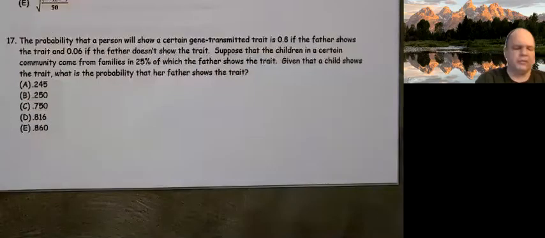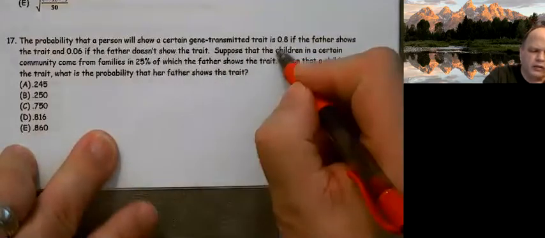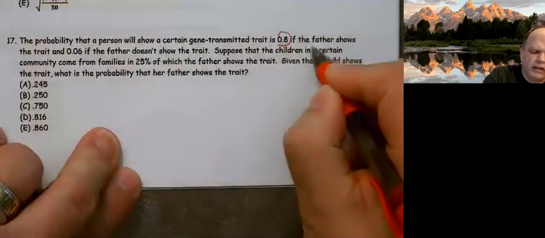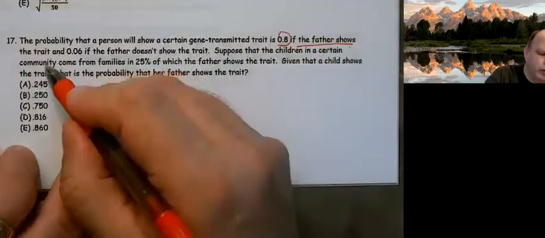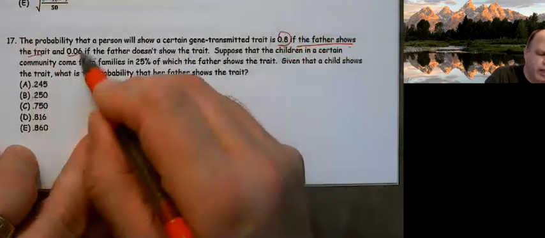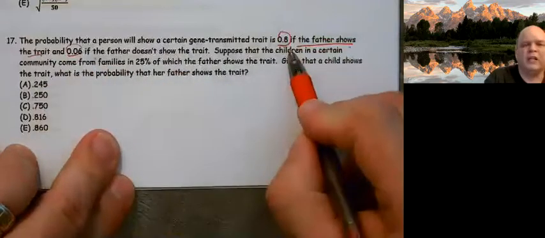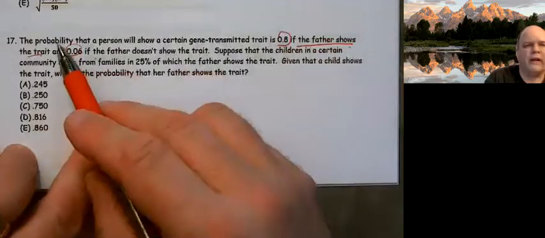Okay, we're looking at problem 17. The probability that a person will show a certain gene trait is 0.8 if the father shows the trait, and 0.06 if the father doesn't. So real quickly, this tells me that they show the trait depending on whether the father shows it or not.